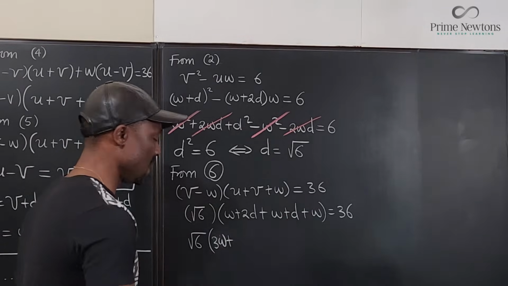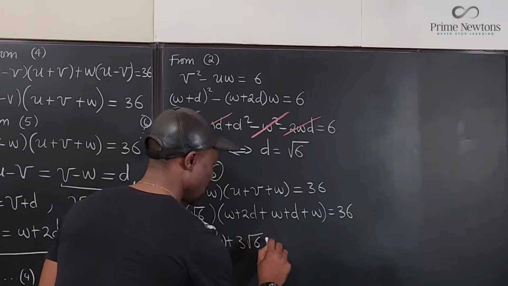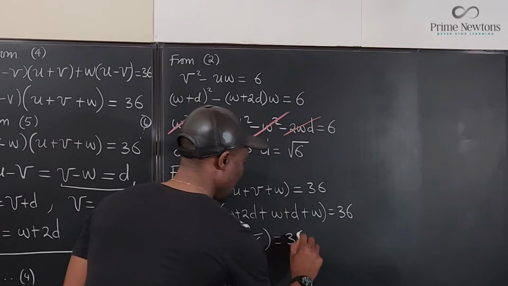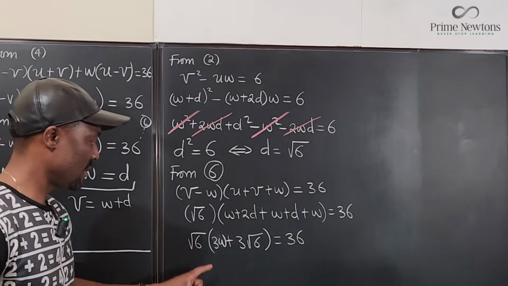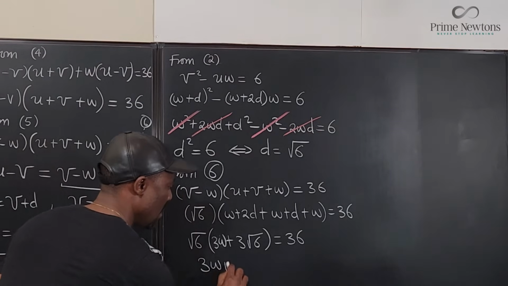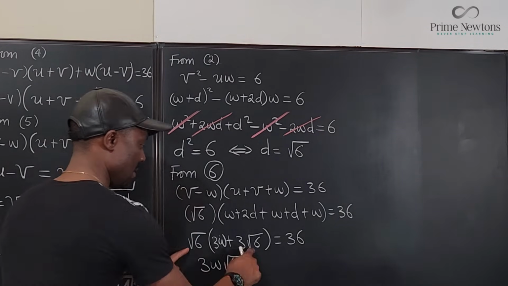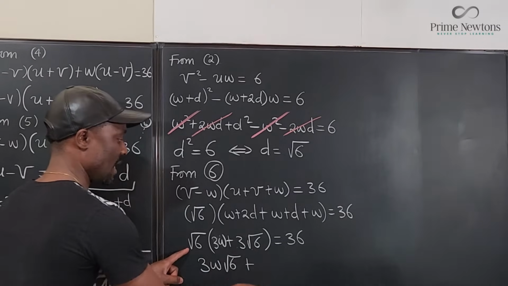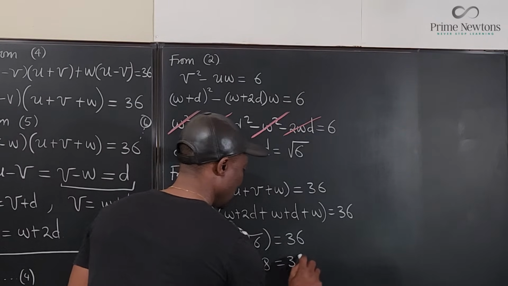That's going to be 3 d's, so 3 rad 6 plus 3 rad 6 equals 36. Now, if I distribute this, I'm going to end up with 3w rad 6 plus, if I multiply this by this, 3 times 6, which is 18, plus 18 equals 36.